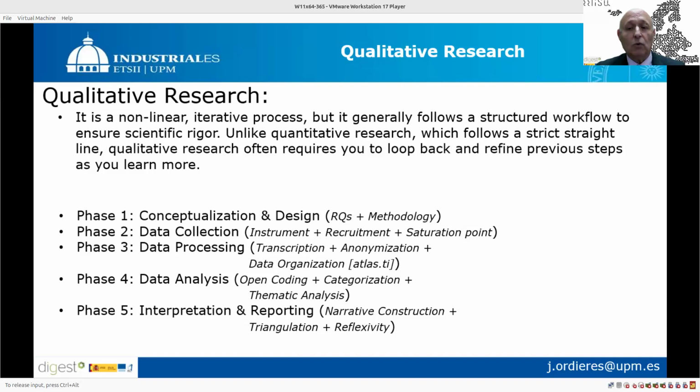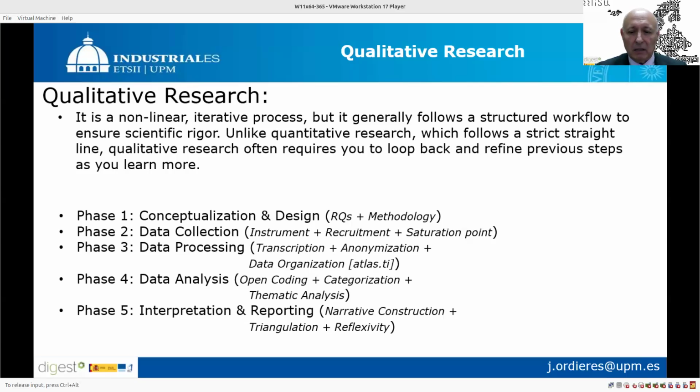In those cases, you need to discuss and define what type of instruments: a focus group, a semi-structured survey or interview, a pure 100% human-driven interview, or a mix of several of them. Then the recruitment policy and the saturation point: how many samples do I need to be consistent and to be sure that there is no bias depending on the sample size.